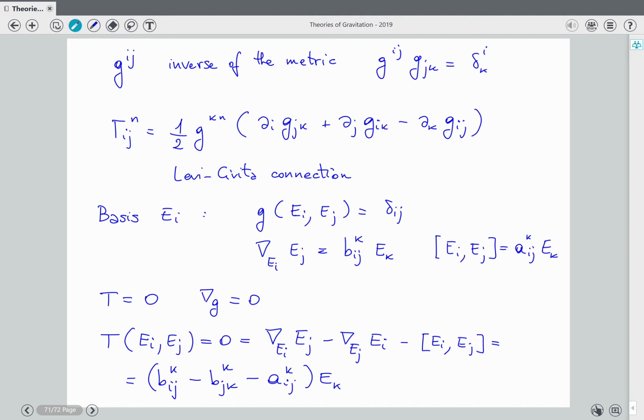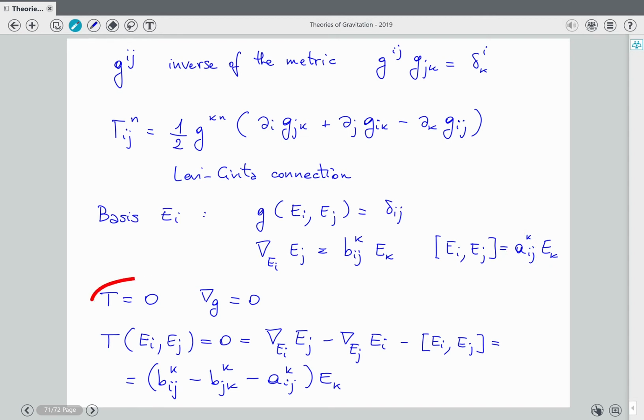And then we started working out the formulas in the basis e_i, where, as we said, the metric is delta ij. So first we define coefficients B_ijk, knowing that the derivative del_ei e_j must be a combination of the e_k's, any basis, and the commutator is a vector field, so that's also a combination of those, and the coefficients are A_ijk.